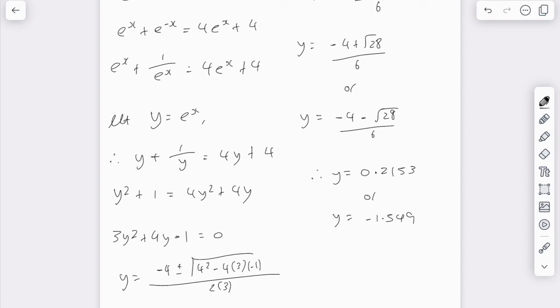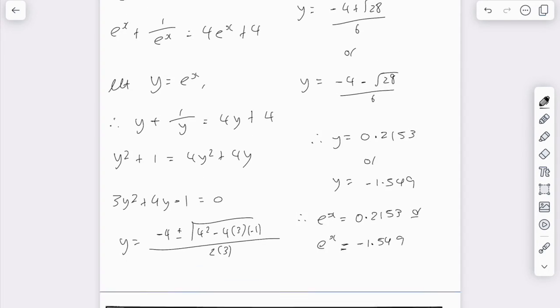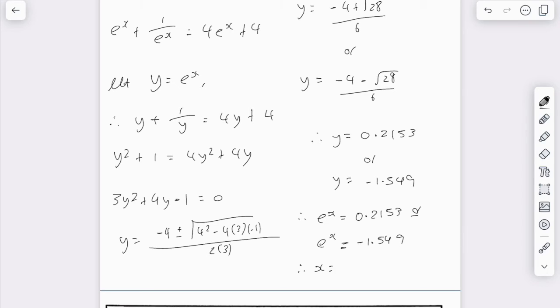I'm going to plug that into our calculators. So therefore, e to the x is equal to 0.2153, or e to the x is negative 1.549.